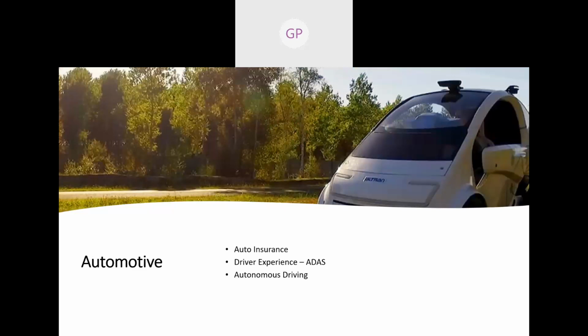The other set of use cases are in ADAS, which is basically driver assistive systems. Driver assistive systems can be like reverse parking assistance, wherein you have an ultrasonic camera fitted on the car, and it detects and assists the driver to take a corrective action, which is driver experience in automotive.